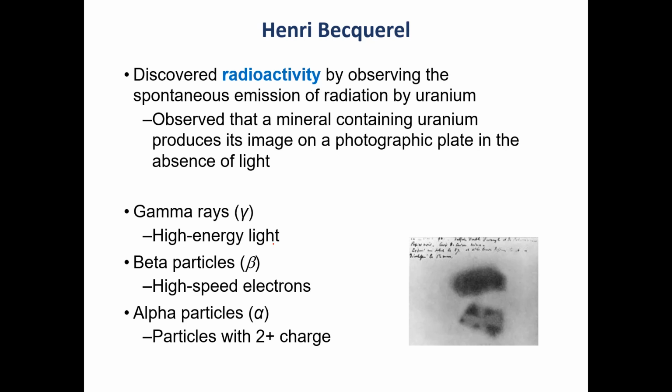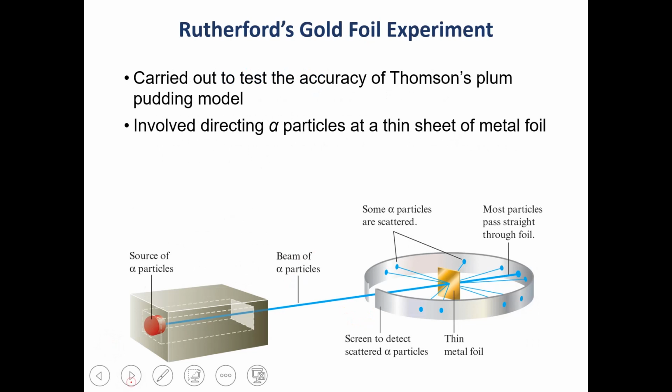Beta particles are just high-speed electrons, and we sometimes write those as an e with a negative sign instead of beta. Alpha particles are actually a helium nucleus with a 2 positive charge on them.